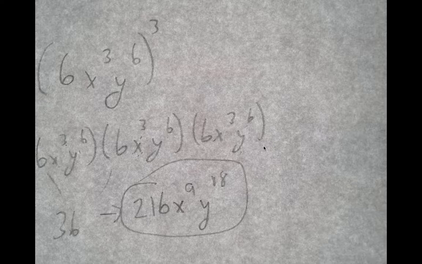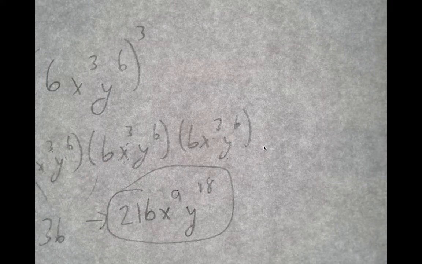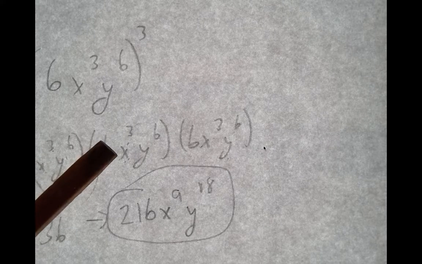But in case you're wondering why we add those exponents, let's take a look at the fundamental idea of what's happening. Let's do this example real quick. If I've got 5 plus 5, I know that's equal to 10.